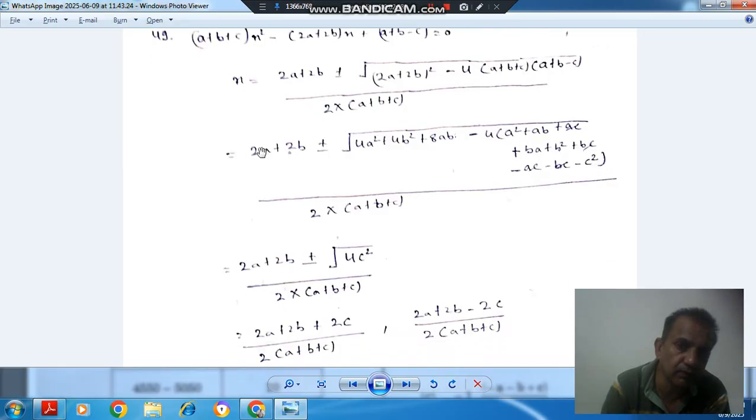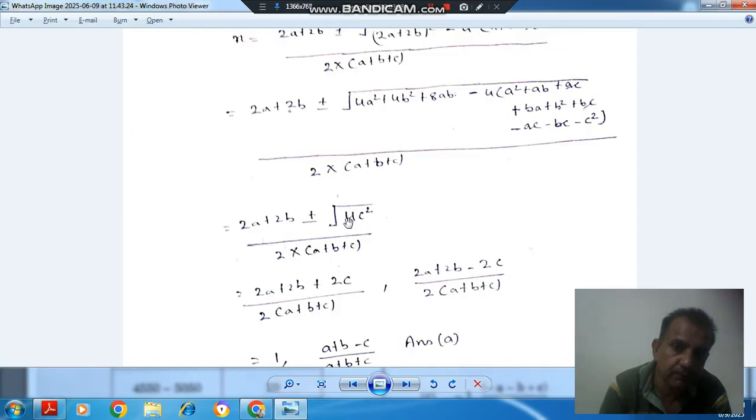Solving this, we get 2a + 2b ± the root. Using the (a + b) whole square formula, that will be 4a² + 4b² + 8ab, and minus 4 times (a² + ab + ac + ba + b² + bc − ac − bc − c²). If we solve the whole expression within the root, we get 4c².